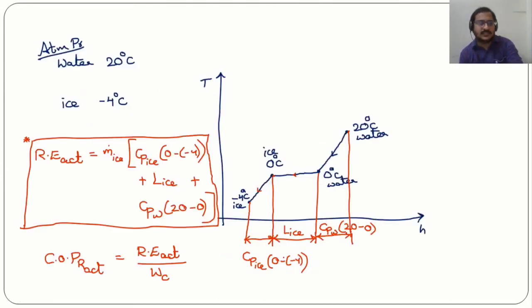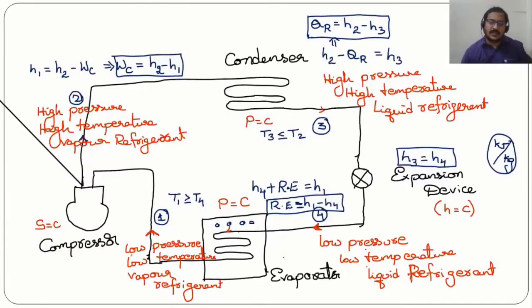See, the work input that we have to give to this compressor is same in both these cases. Now here I said that low pressure low temperature vapor refrigerant is entering into the compressor and coming out as high pressure high temperature vapor refrigerant. See, there might be different cases of this vapor.